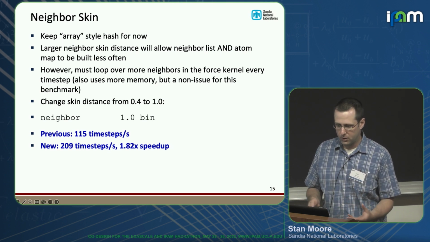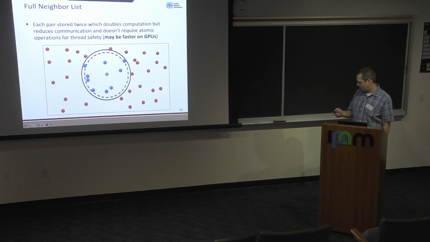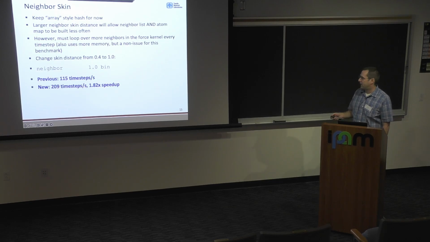We can't make it too large. There's definitely an optimal value. And so by optimizing this value, I found that a value a little over 2x larger than the CPU default was optimal. So that gave not quite a 2x speed up, just increasing this neighbor skin size as well.